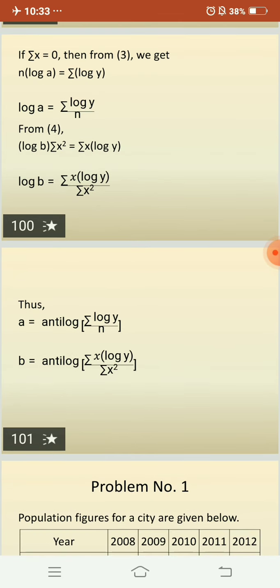And if you are calculating the constant values a and b, consider log a equals summation of log y divided by n.